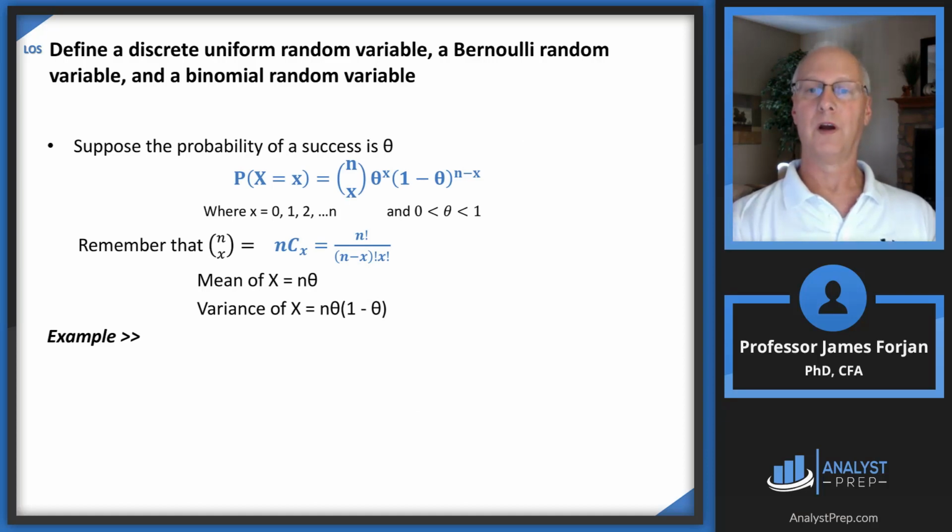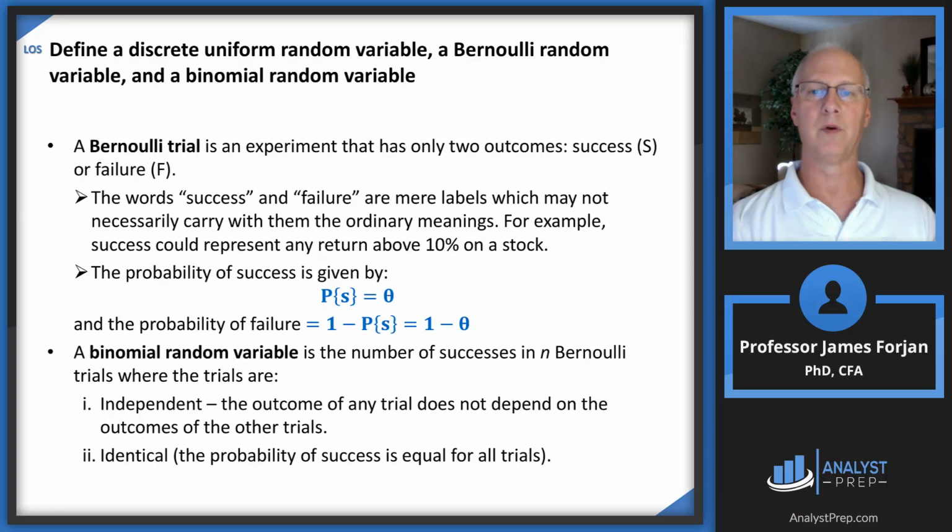Now, here's where it gets a little fun. This Bernoulli test, if we're interested in performing this test and determining the probability of a success, remember back here with Bernoulli, we're trying to do two outcomes, success or failure.